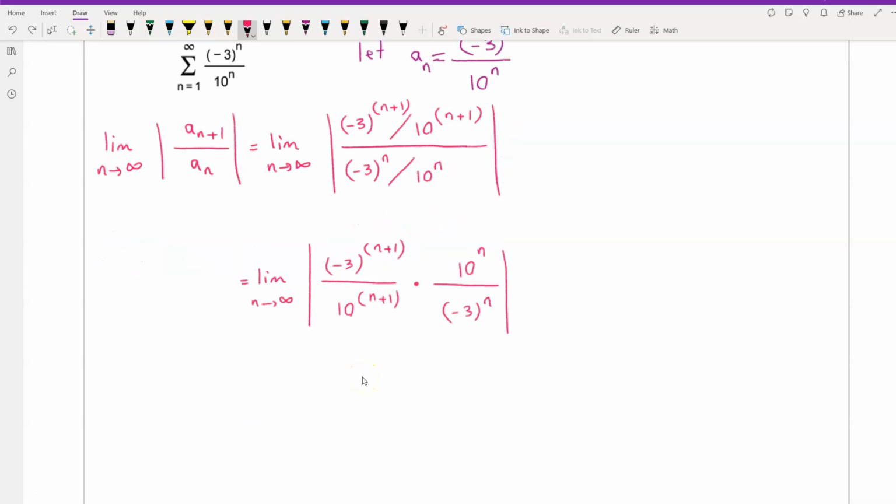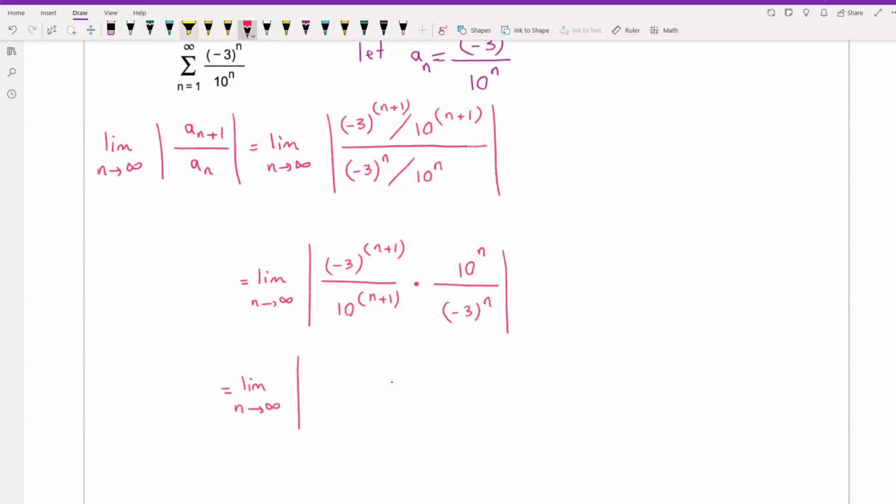So first simplify. This is equal to the limit of absolute value of what we have for a_(n+1), which is (negative 3) to the power n plus 1 divided by 10 to the power n plus 1, and then instead of division I use multiplication and use the reciprocal of what we had here in the denominator. So multiply by 10 to the nth power divided by (negative 3) to the nth power, and this is equal to the limit of absolute value of.